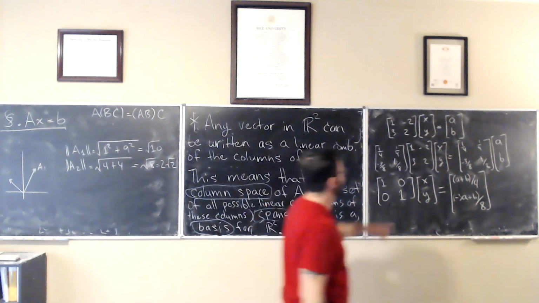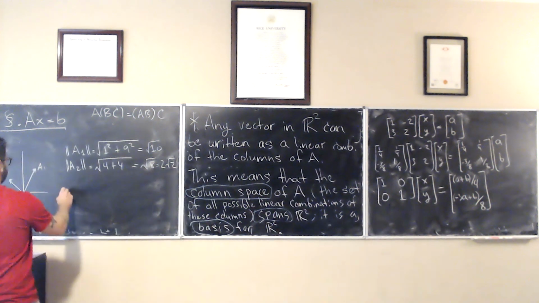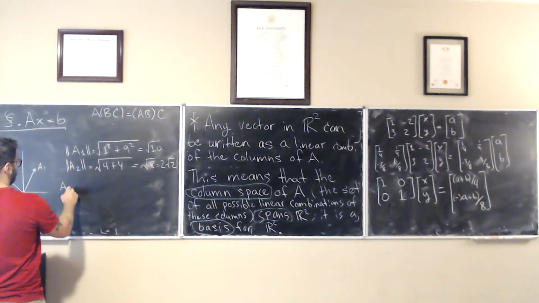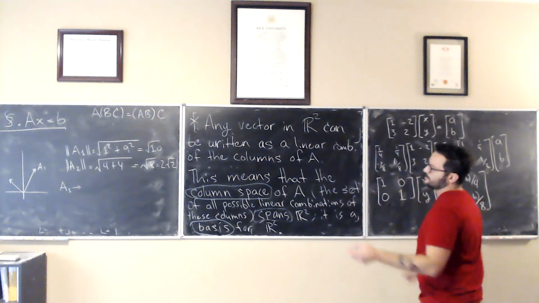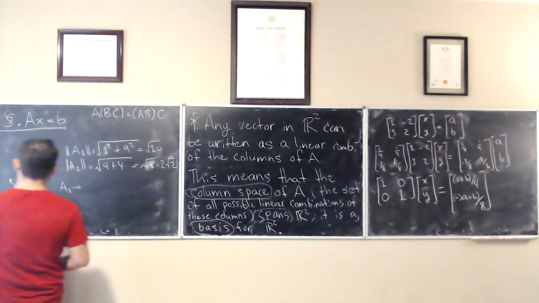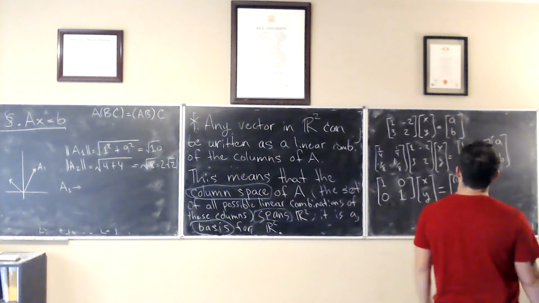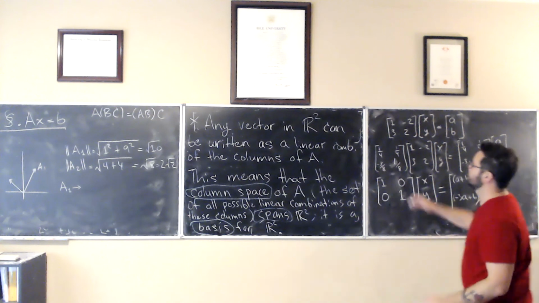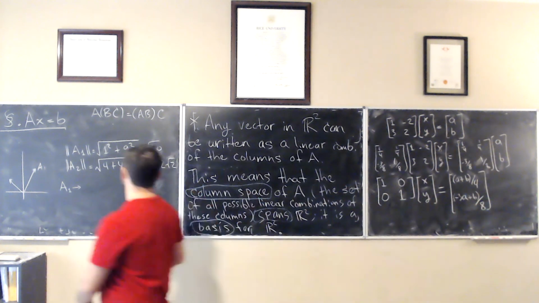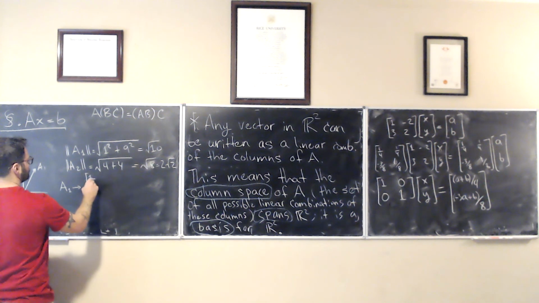So I'll say A1 is going to go to the vector. And by normalize, we're going to shrink these vectors down to their unit length, where they each have length 1. So A1 is going to be 1 over root 10 and 3 over root 10.